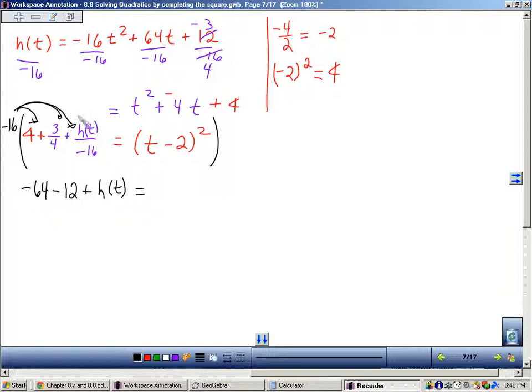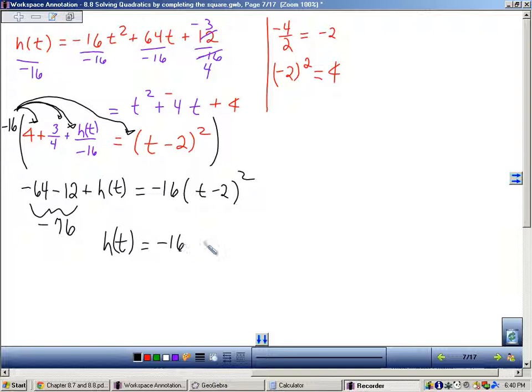And you multiply this also way over here by negative 16. So cleaning all this up, negative 64 plus negative 12 is negative 76. And when that's moved over to the right side, you end up with h of t equals negative 16 times t minus 2 squared plus 76.